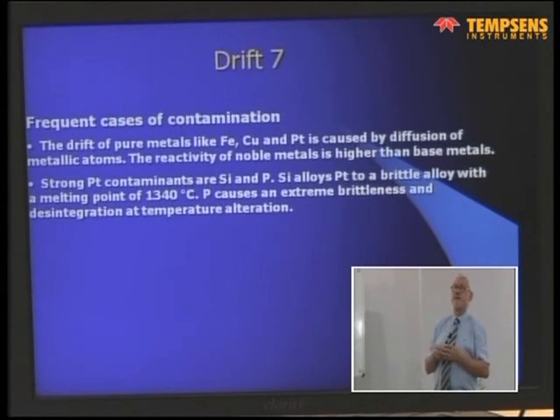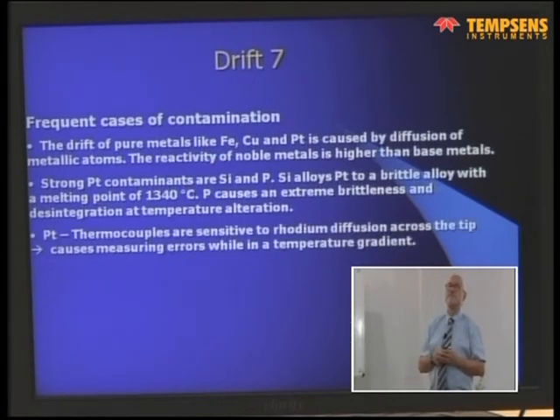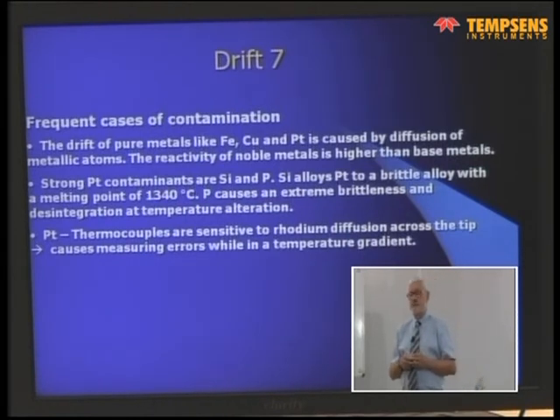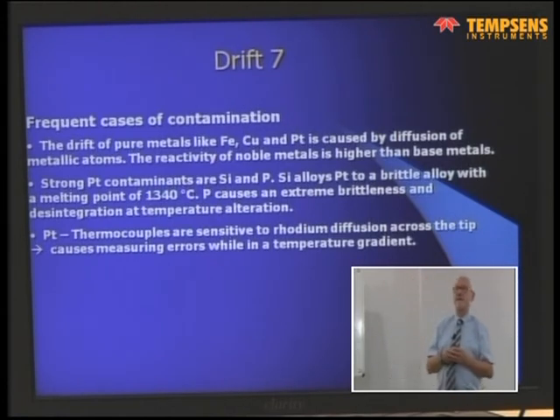Drift of pure metals like iron, copper, and platinum is caused by diffusion of metallic atoms. Strong platinum contaminations are silicon and phosphorus, and a little bit also sulfur. Platinum thermocouples are sensitive to rhodium diffusion because rhodium has a higher partial pressure than platinum, so it goes earlier into the gaseous phase and is more movable than the platinum.